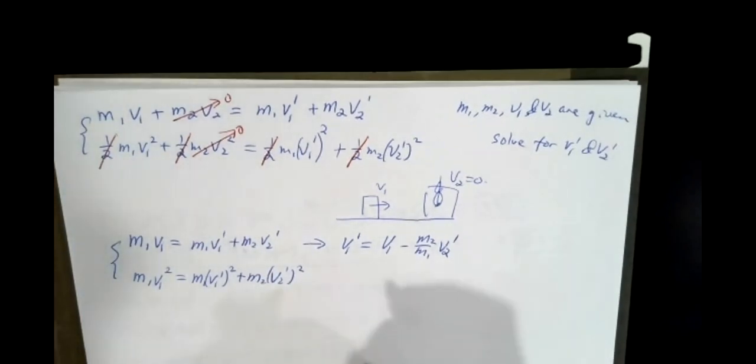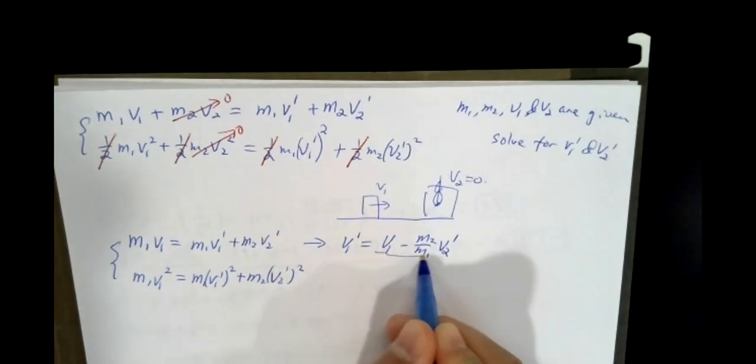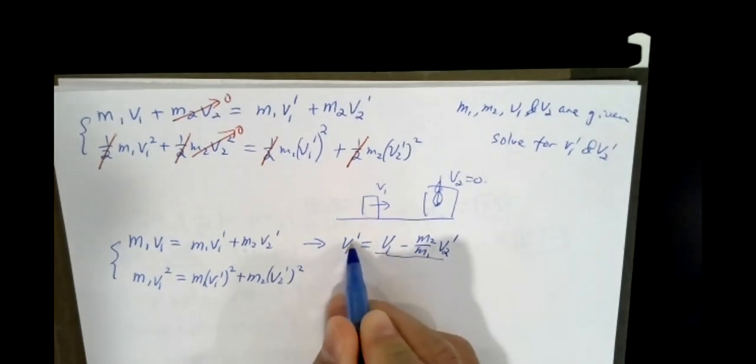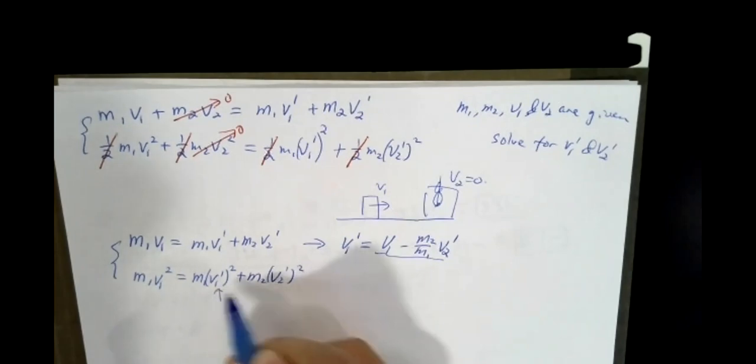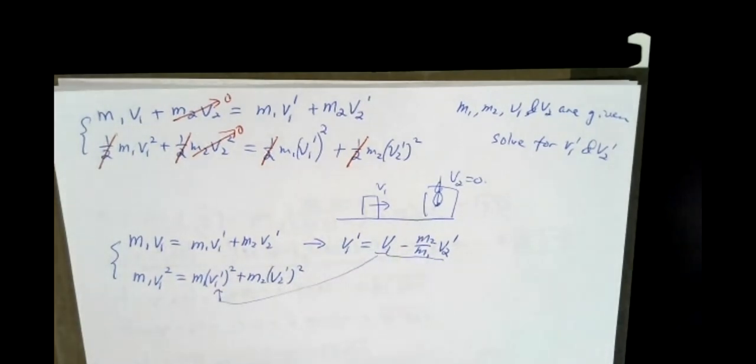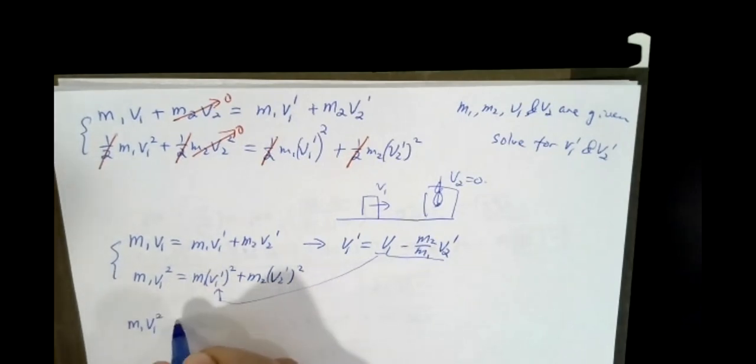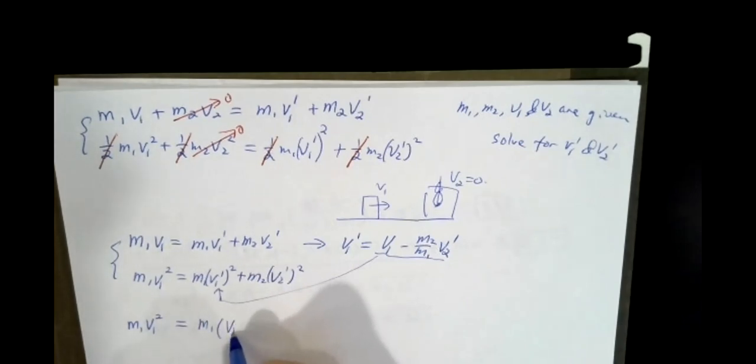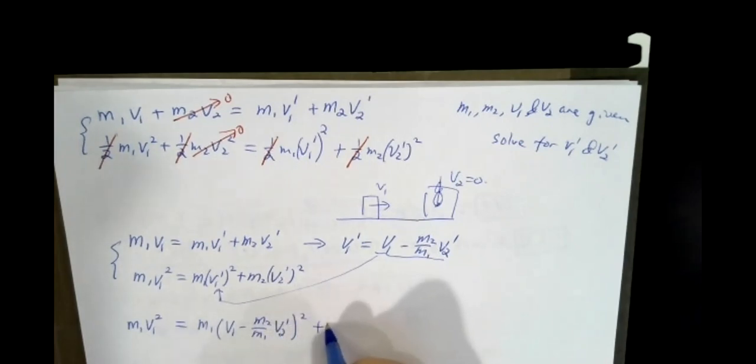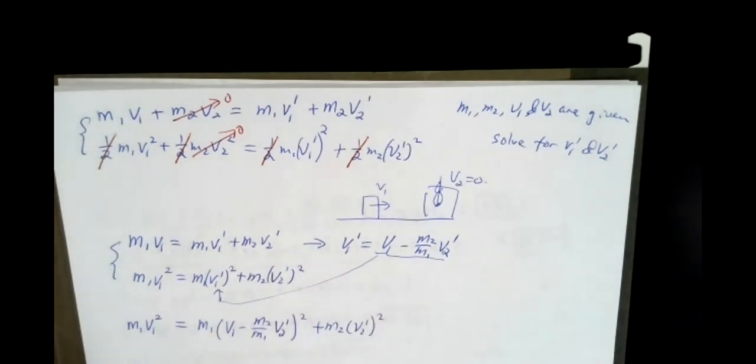Then take this expression in place of v1 prime in the second equation. On the left-hand side you have m1 v1 squared, and on the right-hand side m1 times (v1 minus m2 over m1 v2 prime) squared, plus m2 v2 prime squared.